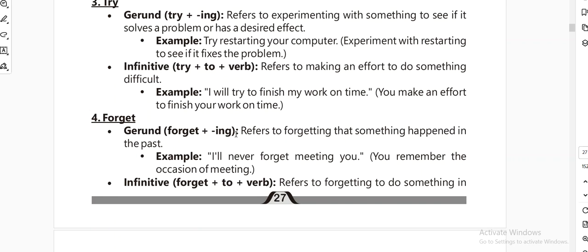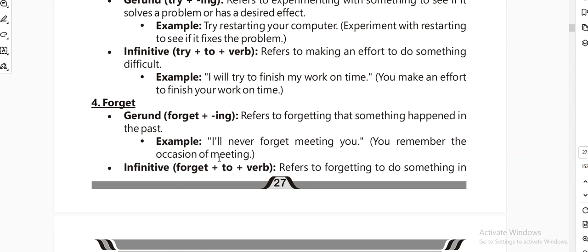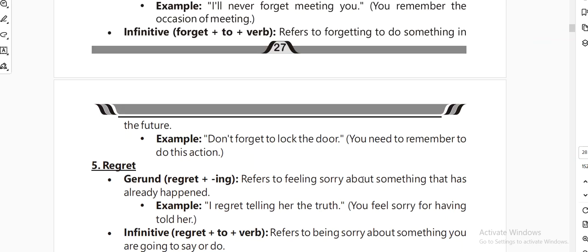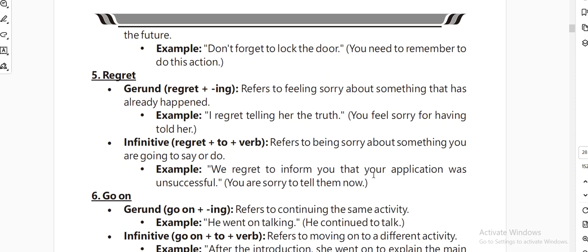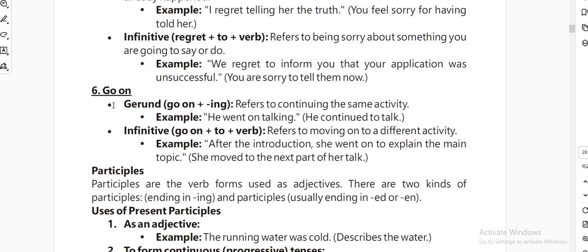Forget, forgetting as a gerund, and then the infinitive, forget to. Regretting, regret to inform you. Go on, and then go on to.